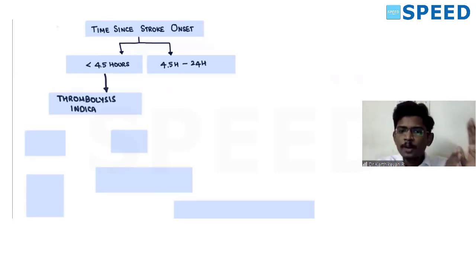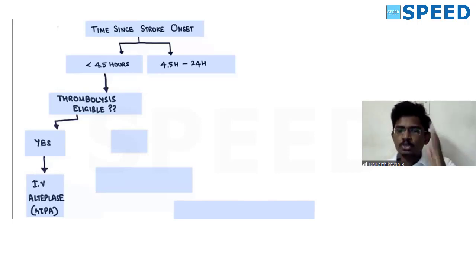If the time is less than 4.5 hours, then he is within the window period. Otherwise, he is between 4.5 to 24 hours, or more than 24 hours, so three possibilities. If he is less than 4.5 hours, he is within the window period, and thrombolysis is indicated in these patients.